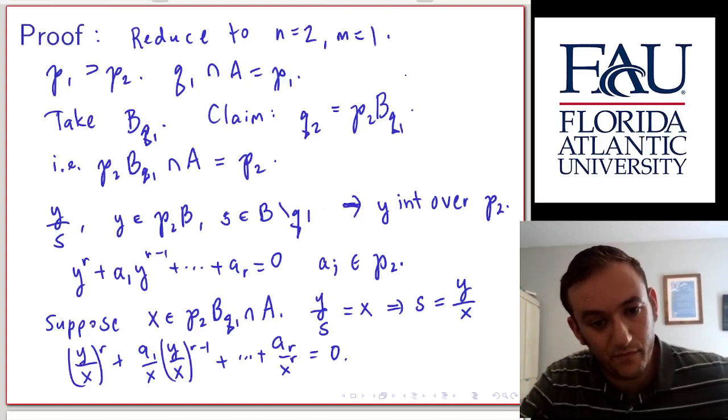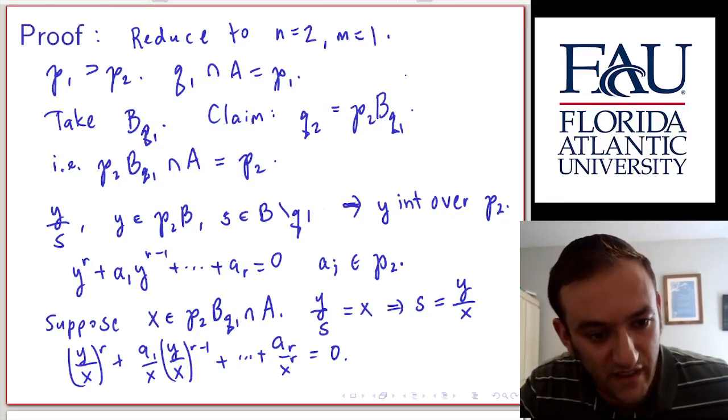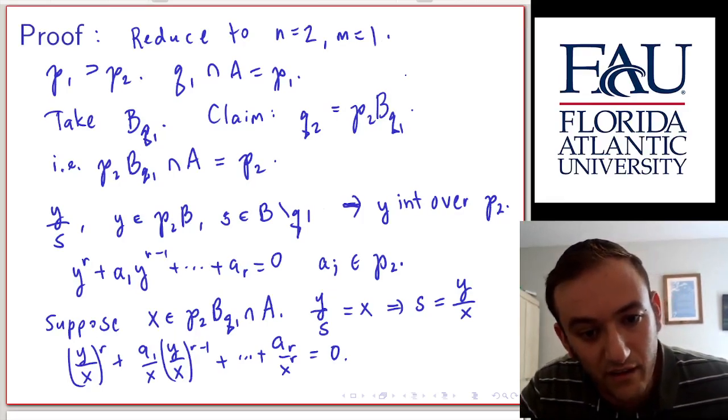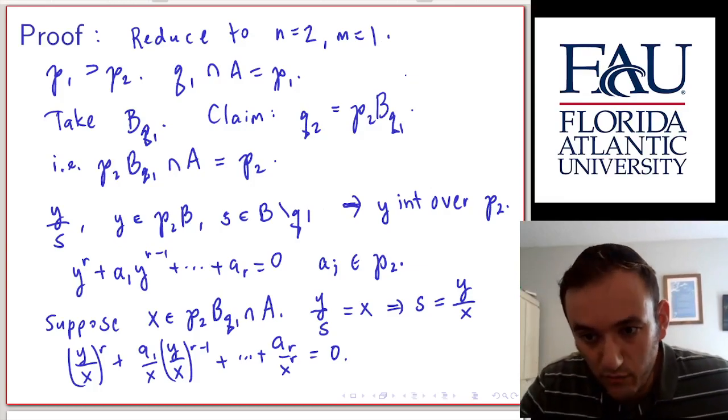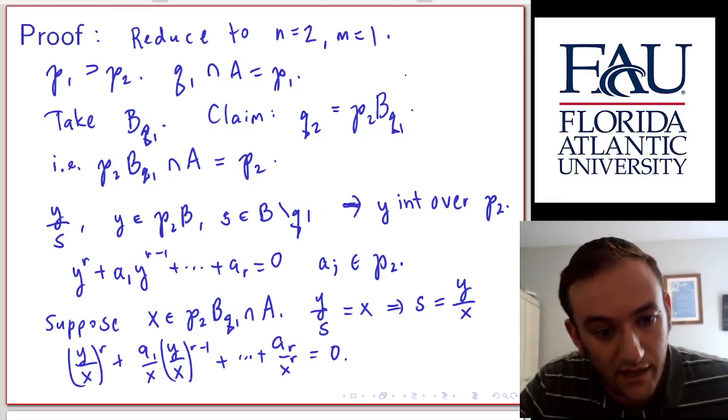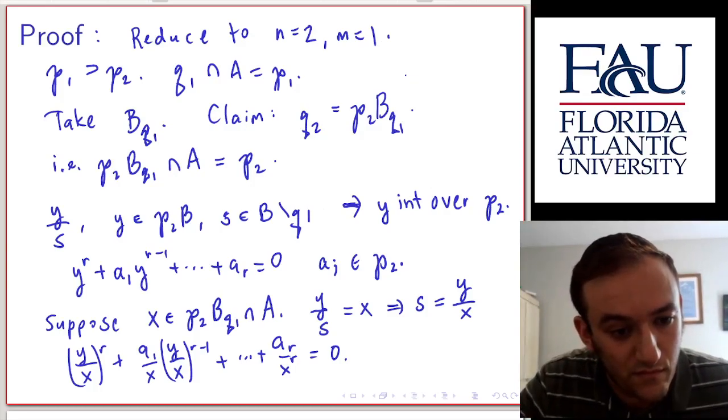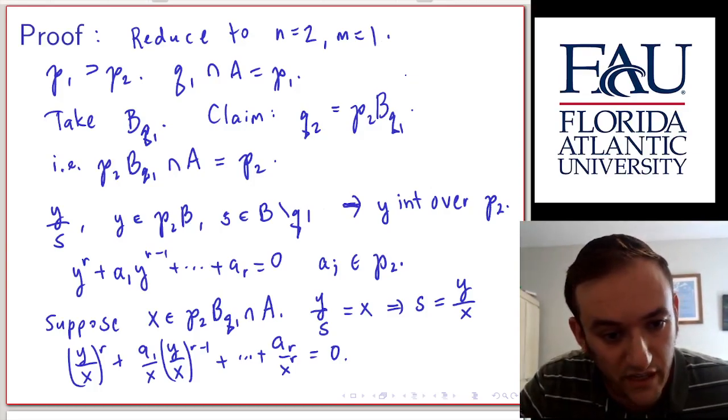Okay. Now let's look at the coefficients of that polynomial. They all are in P2 times some inverse of an element here.